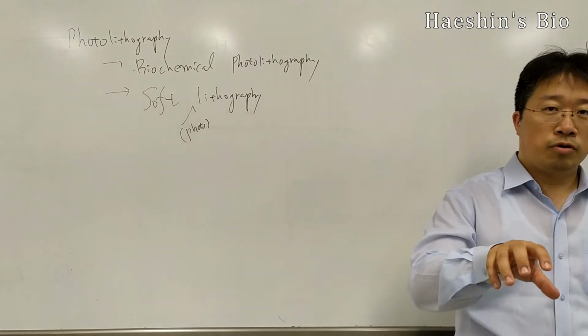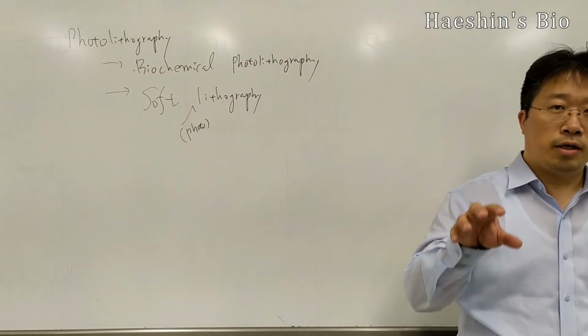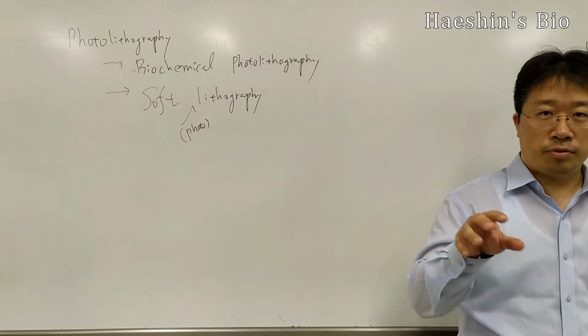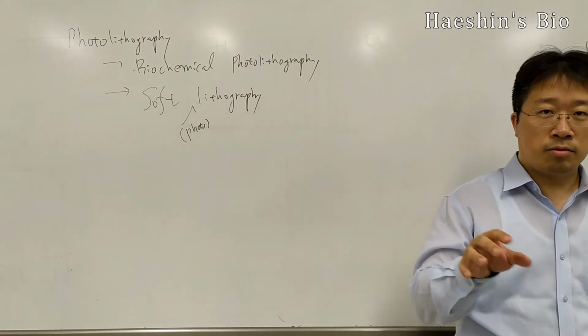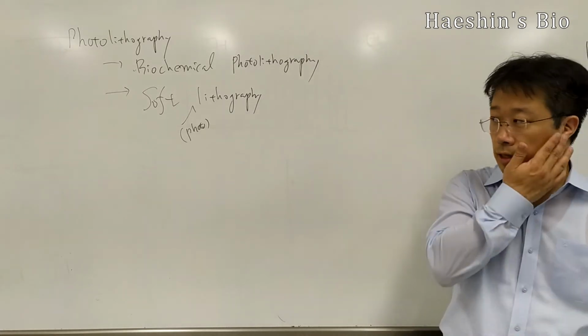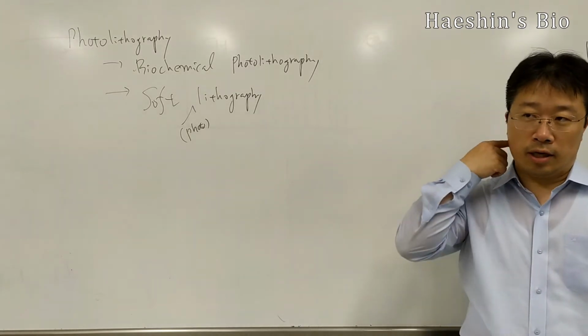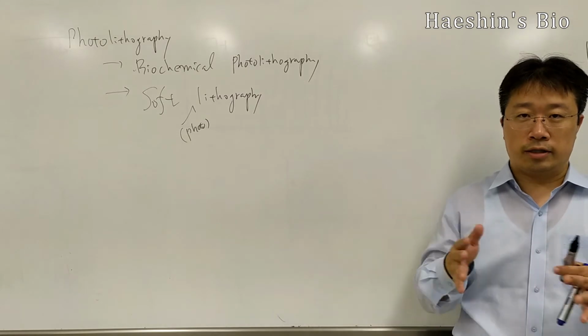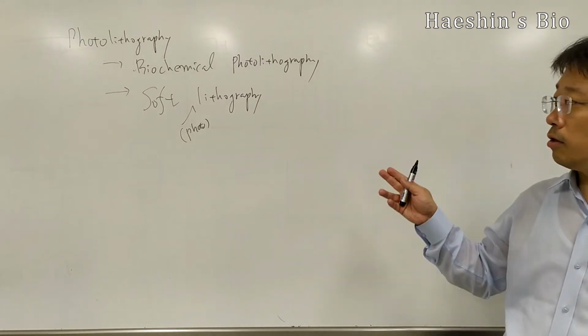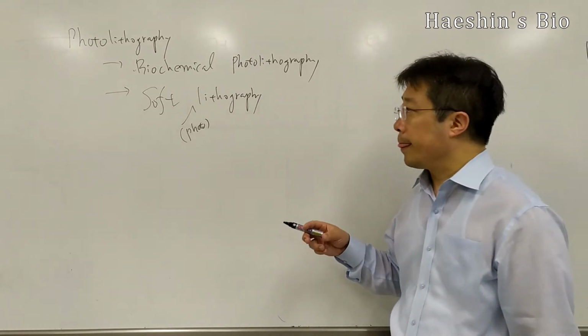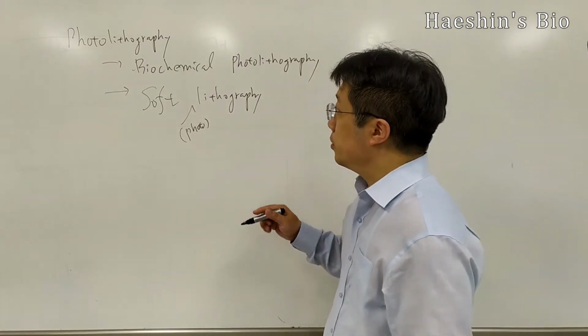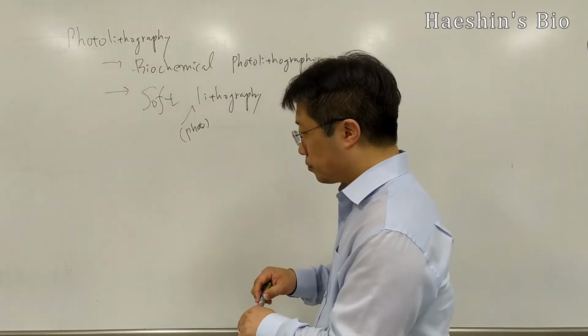Then you can control the morphology of the cell, and decide or predict cell death or cell living. That is the fundamental question of how we can connect this lithography and this biology.